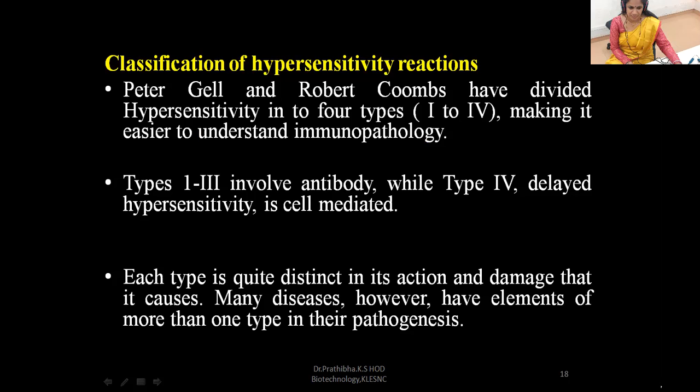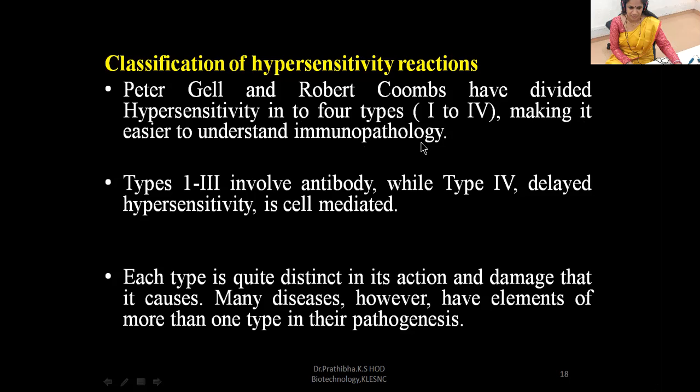Now let us go through in detail the classification of hypersensitivity reactions. Peter Gell and Robert Coombs have divided hypersensitivity into four types: 1, 2, 3 and 4. Why? To make it easier to understand the immunopathology.